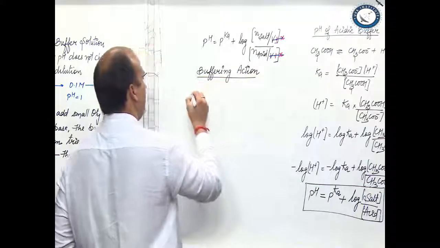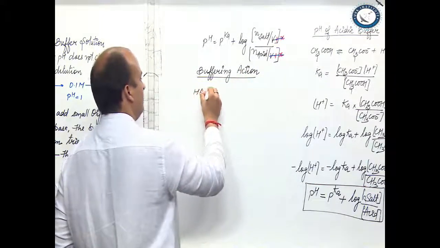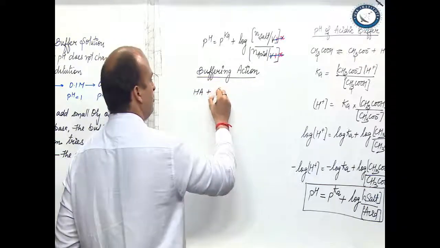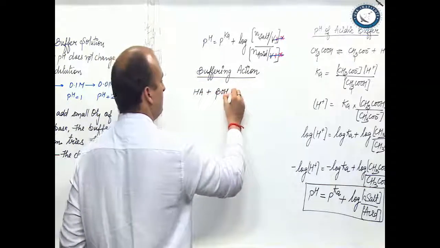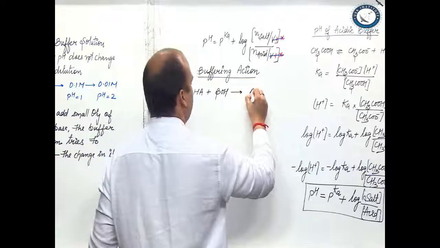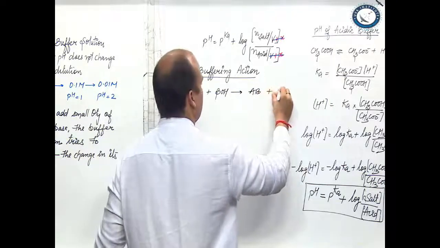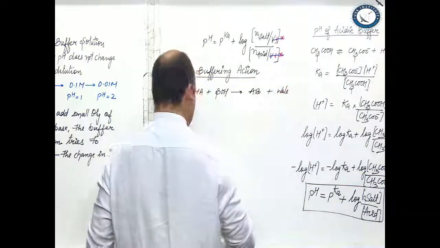So you see, this is the weak acid plus this is the strong base. This forms AB plus water plus H2.